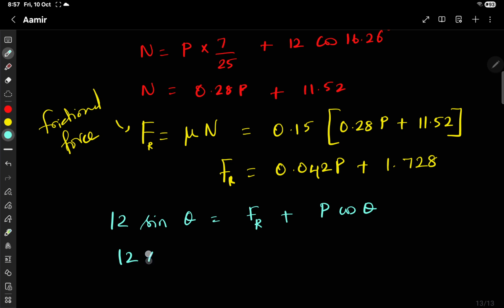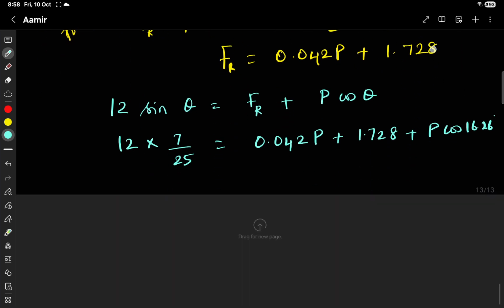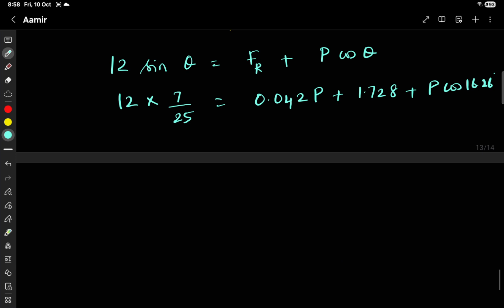Sine theta we already know is 7 by 25, given in the question, FR is 0.042P plus 1.728, plus P cos theta. If I find cos of 16.26, I'm getting the value of 0.96.